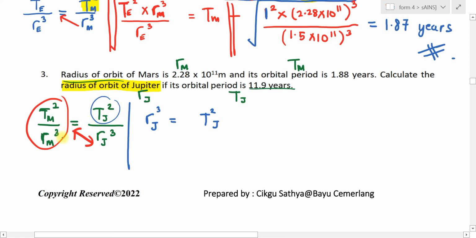Lepas tu benda ni kita bahagikan. Jadi dia akan jadi darab dan terbalik. Darab dengan R cube of the M over T square of the M. Yang ni darab atas, ni darab bawah. Okay, darab terbalik.